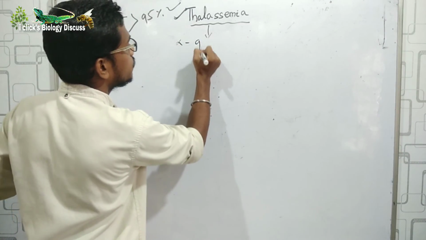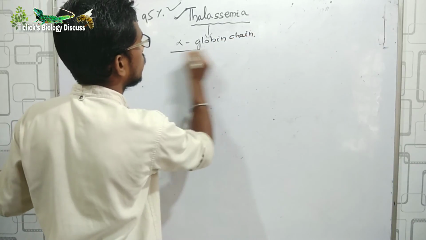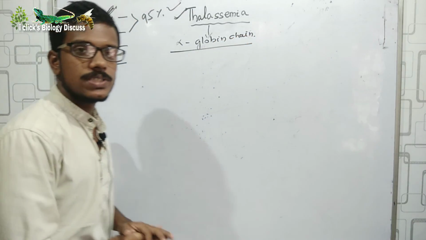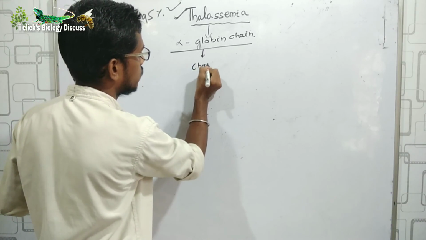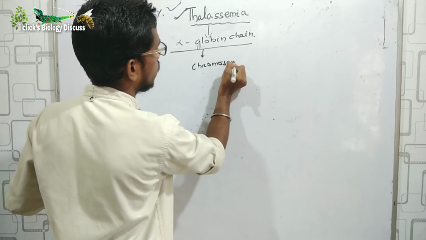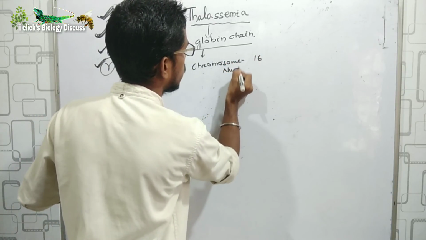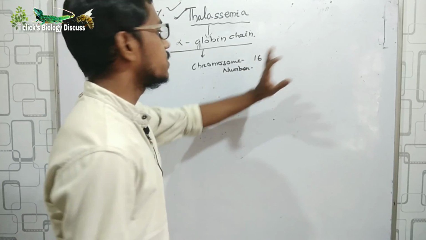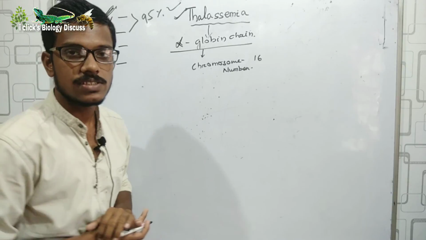Alpha globin chain. For the synthesis of the alpha globin chain, there is chromosome number 16. Chromosome number 16 bears the gene which is responsible for alpha globin chain synthesis.